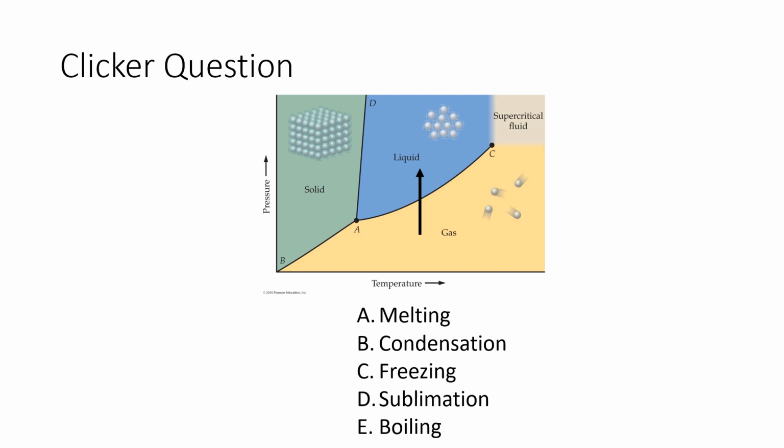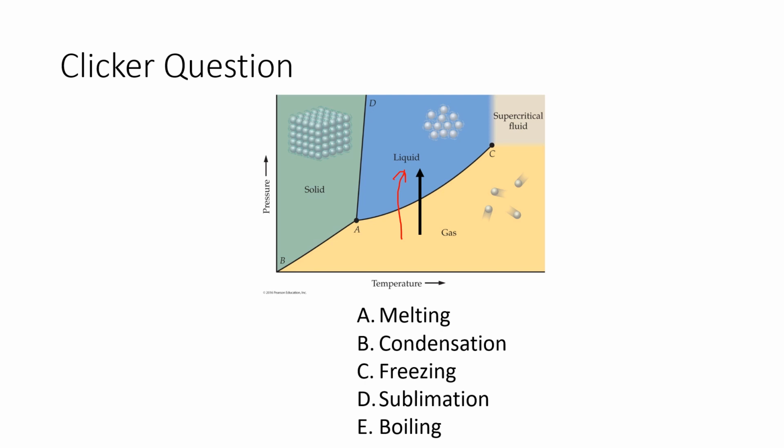I left this clicker question in this presentation to illustrate how I can ask questions about a phase diagram. In class, when I run this clicker question, I ask you to take a look at the arrow: if we start at the beginning of the arrow and end at the tip of the arrow, what phase transition takes place?